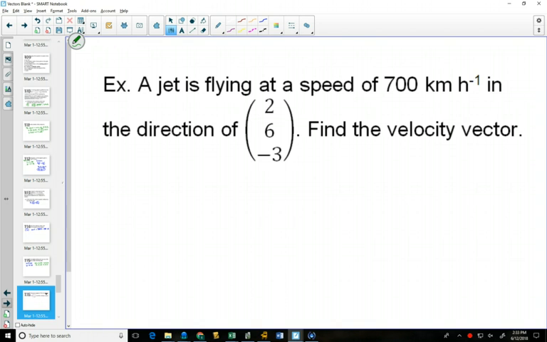A jet is flying at 700 kilometers per hour in the direction of 263. Find the velocity vector.